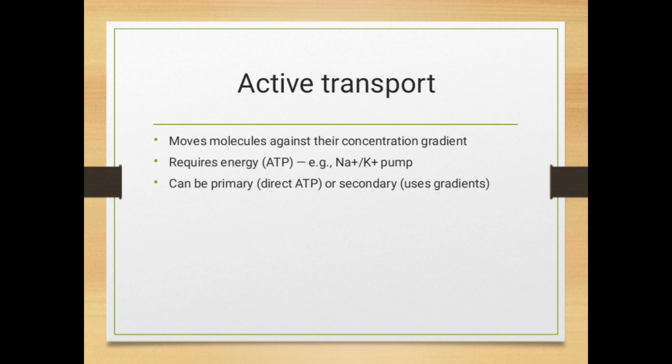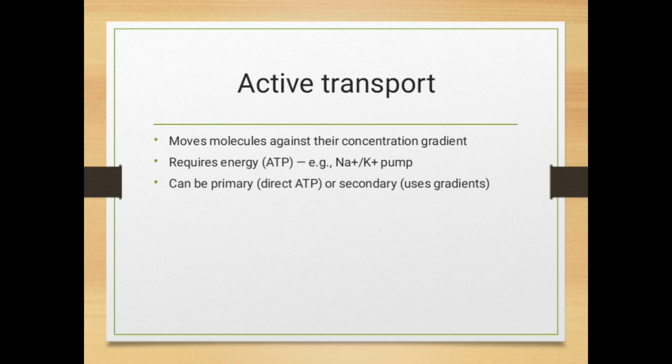Moving further, that is active transport. Here, molecules move against the concentration gradient, which requires energy, that is ATP, and can be primary, that is direct ATP, or secondary, that is it uses gradients. So students, active transport is the movement of molecules across the membrane from a region of lower concentration to higher concentration, against the concentration gradient.